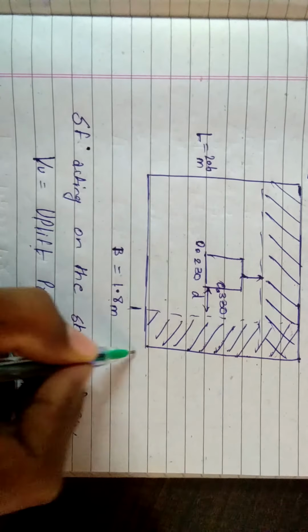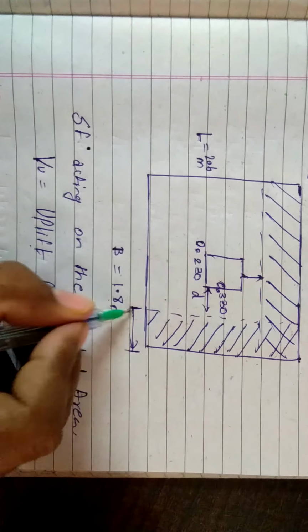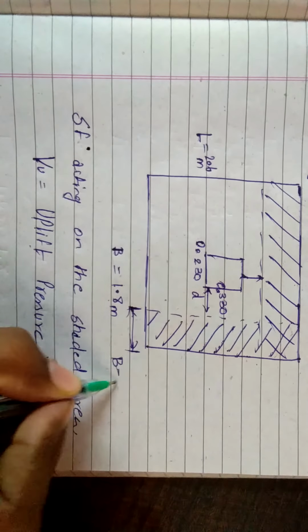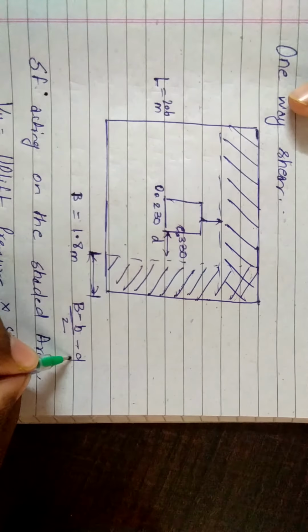Now how will you recognize this distance? That is very easy. Capital B minus small b divided by 2 minus d, means the d distance from the face of the column.